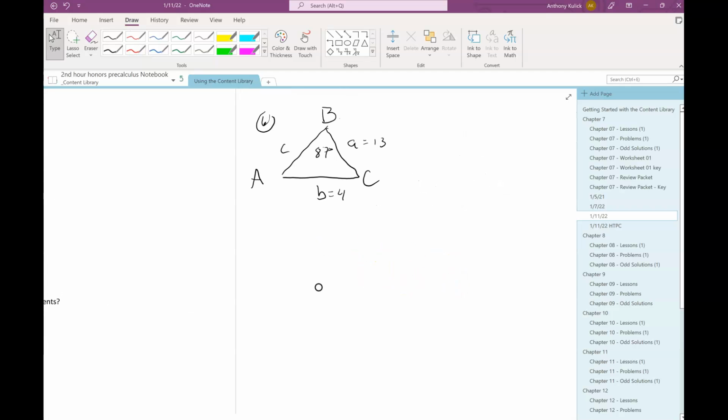So, what scenario are we in here? Correct. So this is the SSA case.